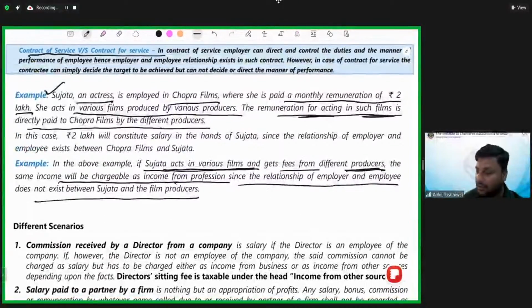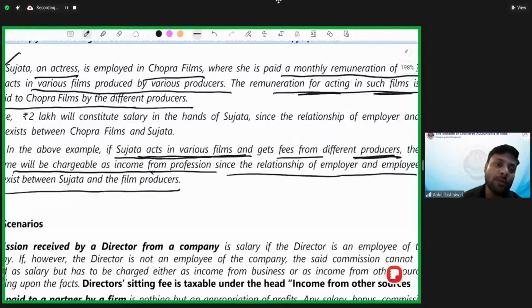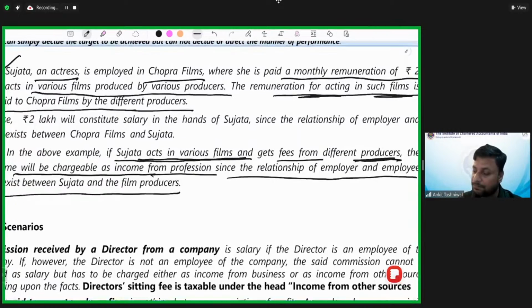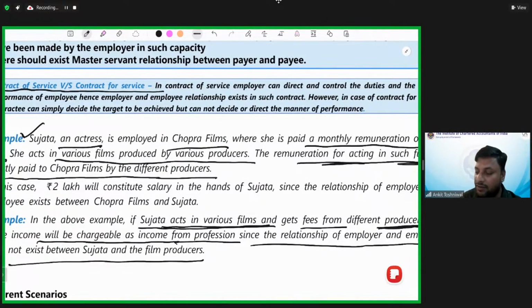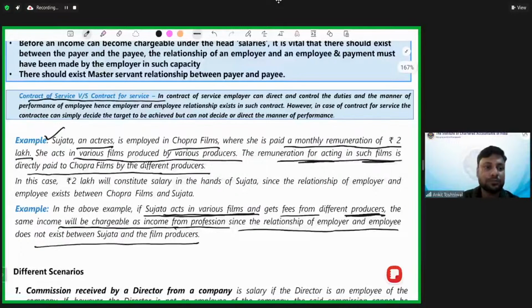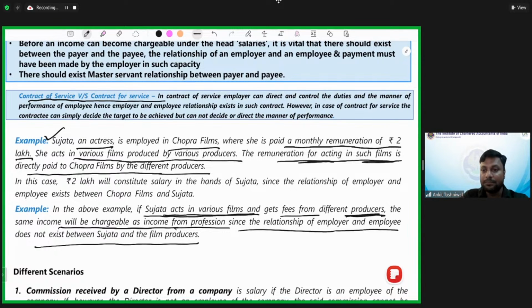Now, commission received by a director from a company, where is it taxable? Commission received by a director from a company. Is it taxable under the head salary?